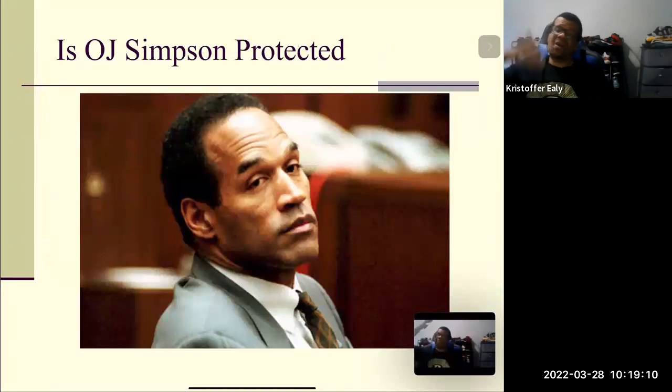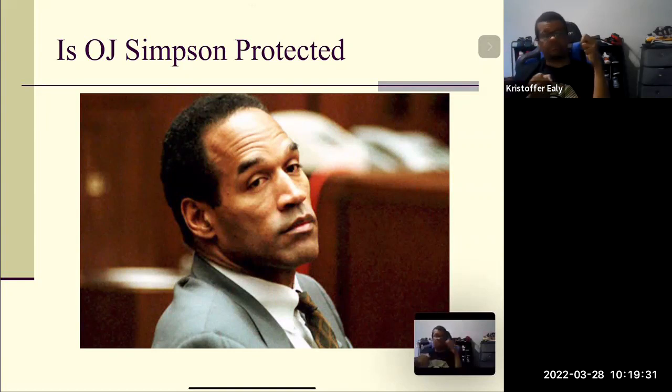O.J. Simpson was found not guilty of murder. So in a situation like this, he is going to be protected in the sense that you can't technically call him a murderer, because he was found not guilty of it, even though everyone thinks he is a murderer.